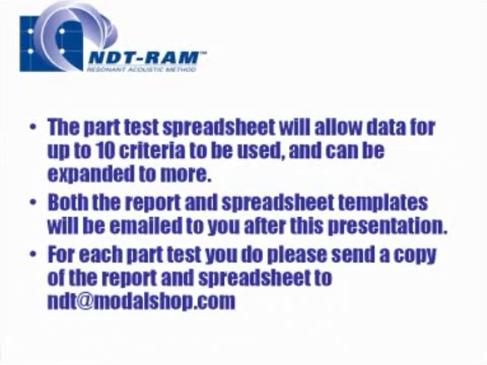We find that they're very helpful, and when you do a parts test, we ask that you please copy us on the report and the spreadsheet and email it to us so that we can keep track of what has been tested, the customers that the testing is for, and what the results were. We think it will help us over the long term, keeping track of what parts are successful and what parts are not.